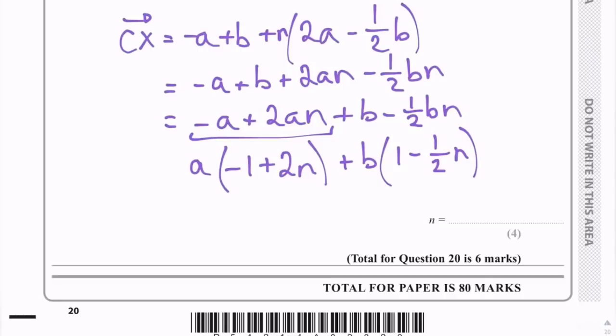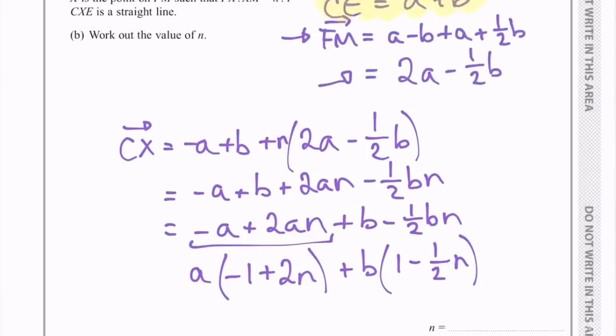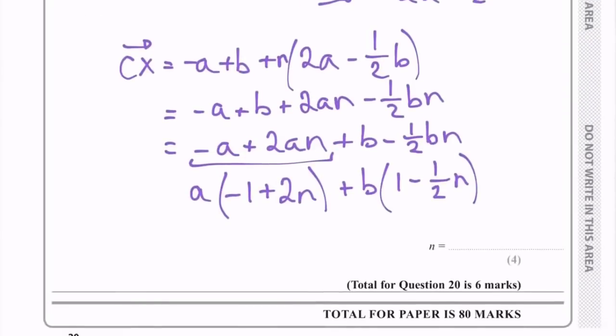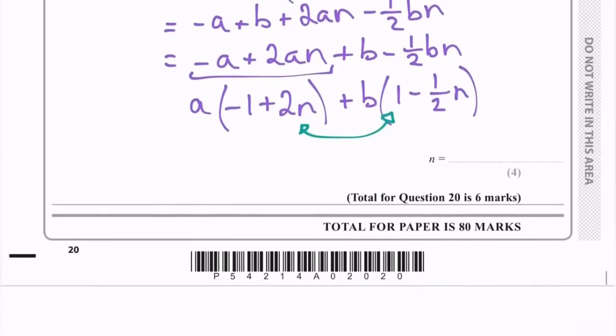But we know that as it is a multiple of a plus b, these two parts of the bracket here, this minus 1 plus 2n and this 1 minus a half n, have to be equal to each other. Okay, so what we can do is just set those equal to each other as an equation and see if we can actually solve that and see what we get. So if we do this to the side as an equation, we get minus 1 plus 2n equals 1 minus a half n.